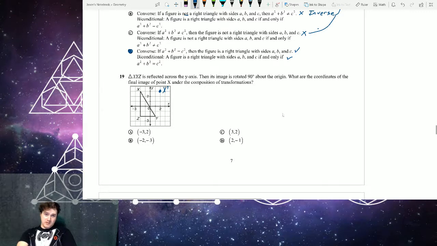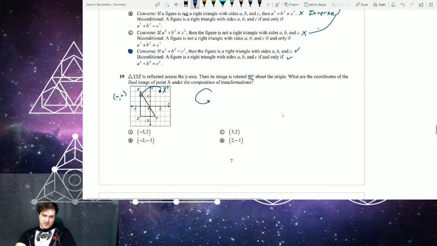Then we rotate it 90 degrees. So 90 degrees, if it does not specify, is counterclockwise. So it's got to move to this quadrant. If it's this quadrant, it has to be negative and then positive. So you can double check to make sure that that works out.